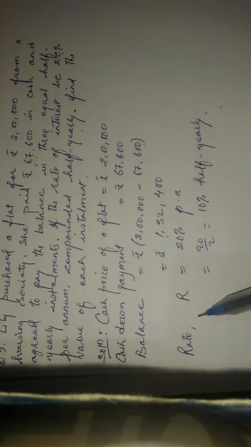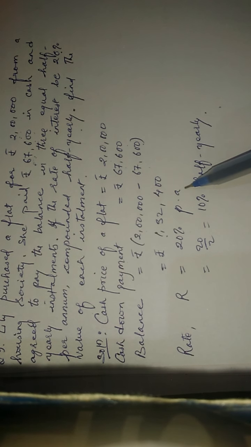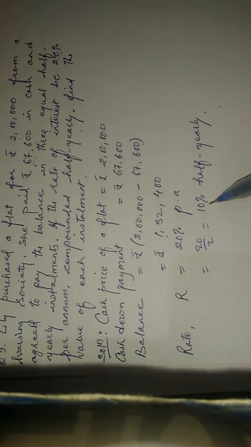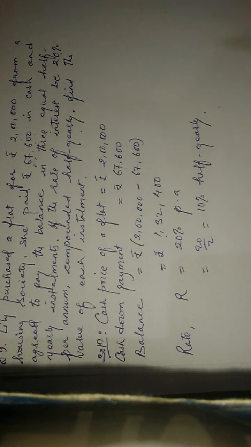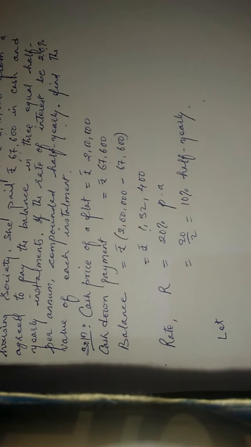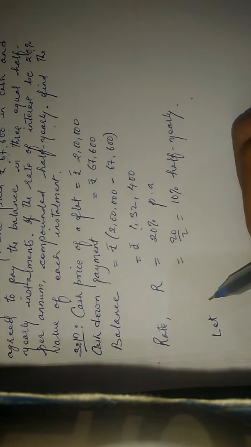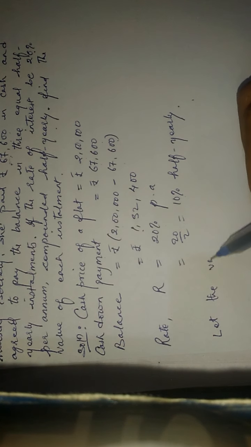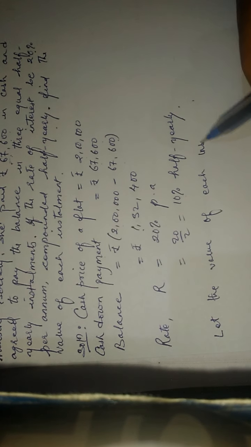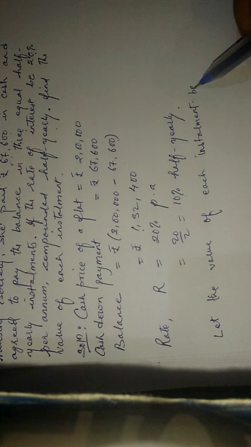The rate is 20% per annum. Since it is half yearly, we divide the rate by 2, so we get 10% half yearly. Let the value of each installment be rupees x.